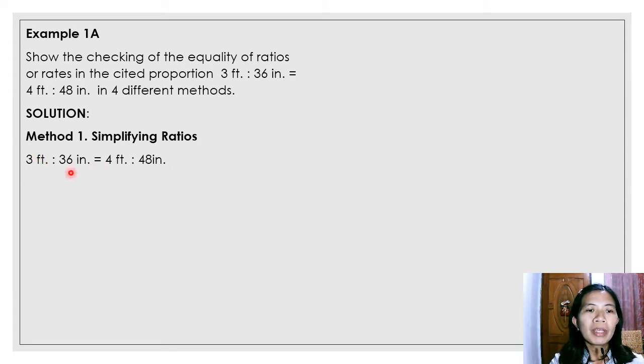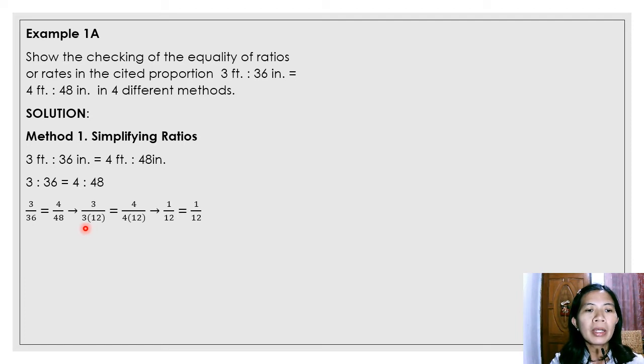We have the given, 3 feet is to 36 inches equal to 4 feet is to 48 inches. We will take out the units, so we have 3 is to 36 equal to 4 is to 48. This ratio can be written in fraction form: 3 over 36 equal to 4 over 48. We are going to simplify by getting the factors of the denominators.